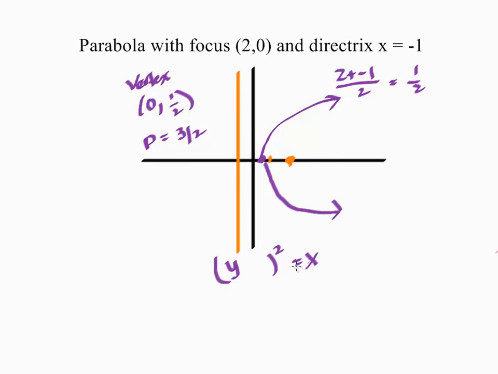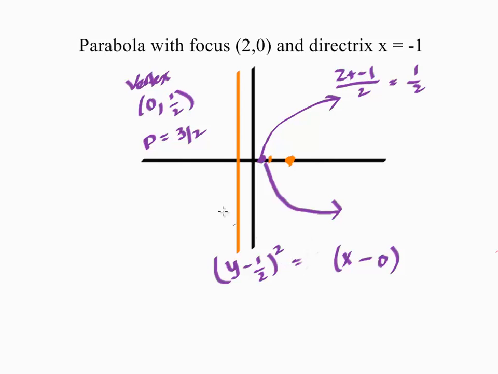Now what I'm going to do is substitute in my vertex. My vertex is (0, 1/2), so I could just say x minus 0, though I don't really have to put that. And now we have y minus 1/2. Remember, it's always subtraction, or change the signs.